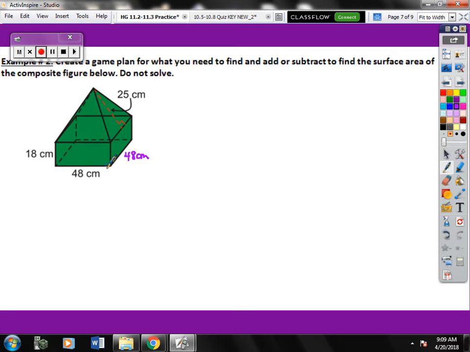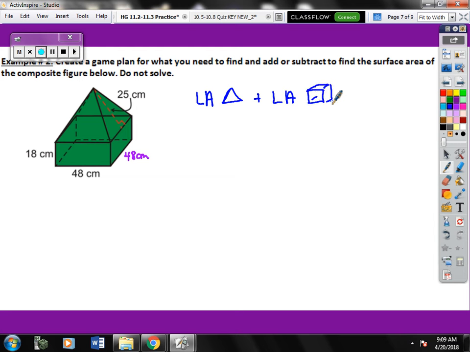So, thinking about surface area, lateral area, what do you think we should do to find the area of the composite shape? Ethan? Find the lateral area of the pyramid and the lateral area of the rectangle prism, and then you add a base.